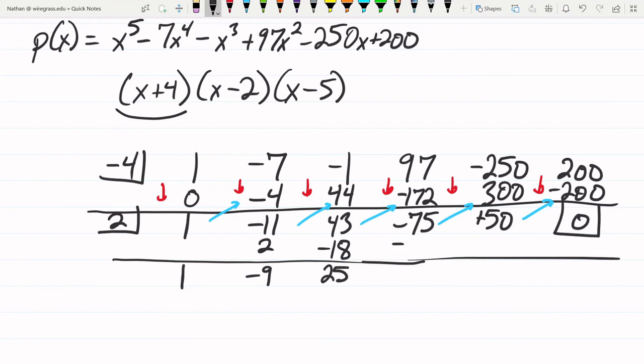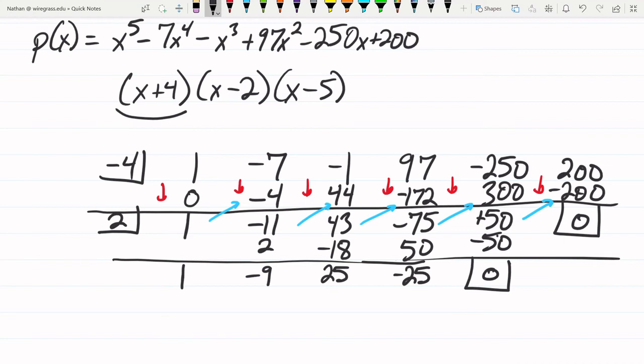Yep. That gives us not negative, it's going to be positive 50. It's going to give us -25 when we add going down. And -25 times 2 is -50. And once again, we get 0. You should always expect 0 when you divide by a factor. And this is a cubic polynomial.